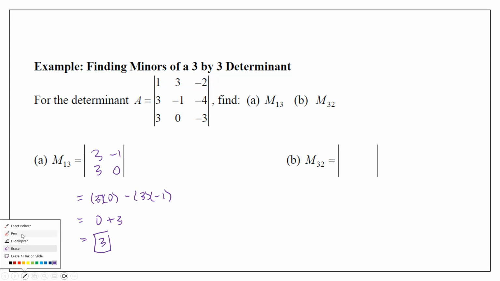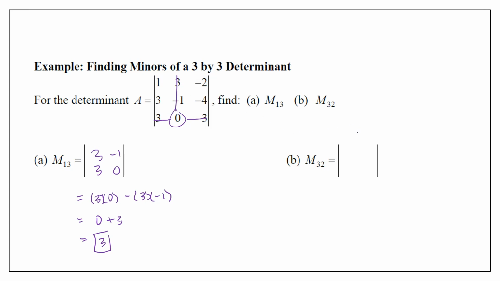So for M subscript 3,2, we are going to find the minor for the entry at row 3, column 2. This is the entry 0. So that means we're going to eliminate the third row and the second column.